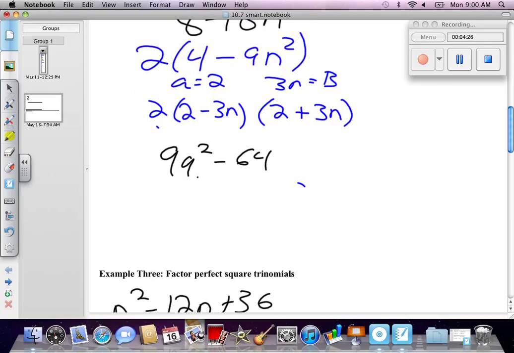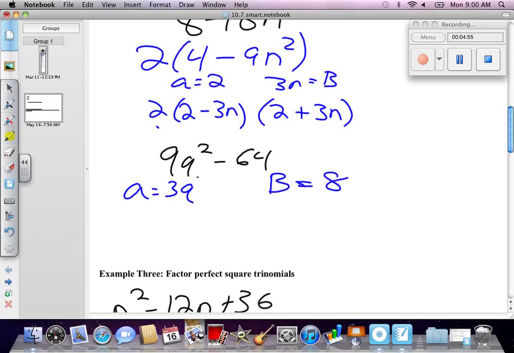Alright. Jalen, what is the square root of 9q squared? Square root of 9, 3. So a is going to be 3q. Shelby, what's the square root of 64? What times what equals 64? 8.